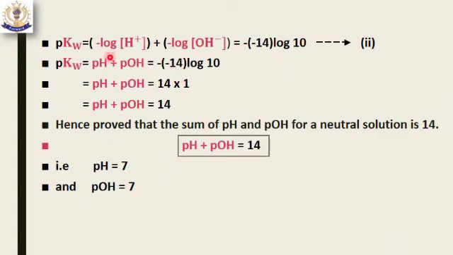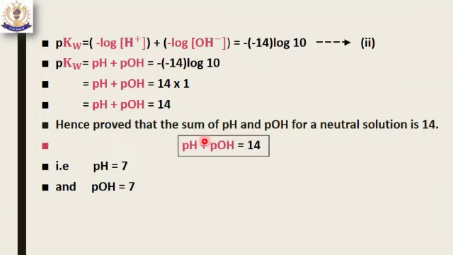In this equation, instead of negative log H plus, we put pH, and instead of negative log OH, we put its value pOH. pH plus pOH equals this term. Now solving this term, minus minus plus, and this 14 comes here. Log 10 equals 1, 14 into 1. pH plus pOH equals 14. Hence proved that the sum of pH and pOH for a neutral solution is 14.